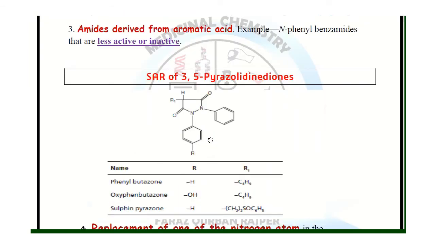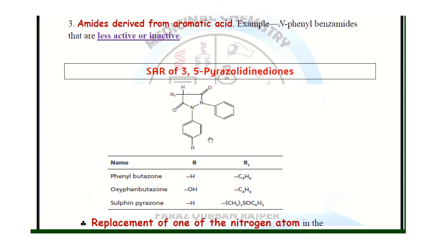The next class is the 3,5-pyrazolidinediones. Examples of drugs in this class are phenylbutazone, oxyphenbutazone and sulfinpyrazone. This is basically the pyrazolidine ring that contains 2 nitrogen atoms, and it is a 5-member ring.